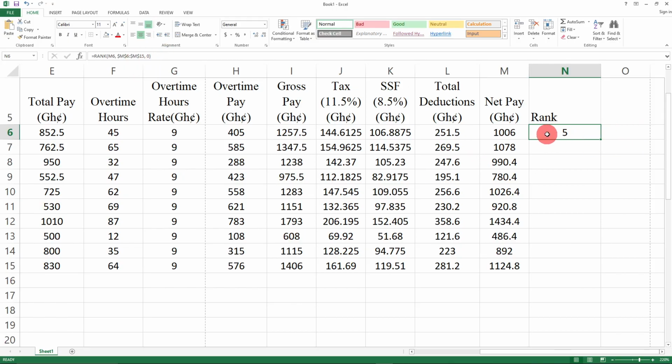So once you do the writing for the first person, you can drag to see the ranks. This one you can do manually. We are just going through to see whose salary is bigger.